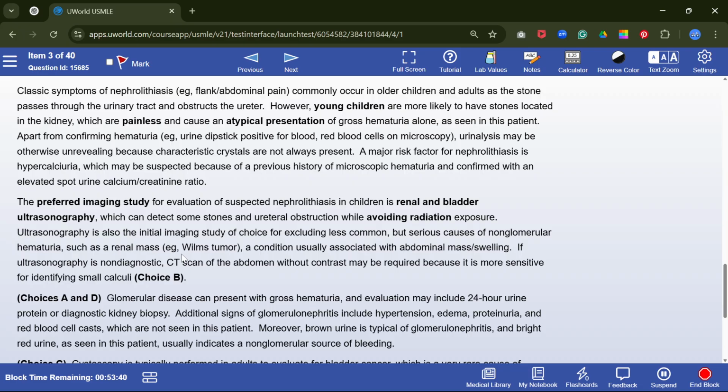Ultrasonography is also the initial imaging study of choice for excluding a less common but serious cause of non-glomerular hematuria, such as a renal mass like Wilms tumor, a condition usually associated with abdominal mass or swelling. If ultrasonography is non-diagnostic, CT scan of the abdomen without contrast may be required because it is more sensitive for identifying small calculi.